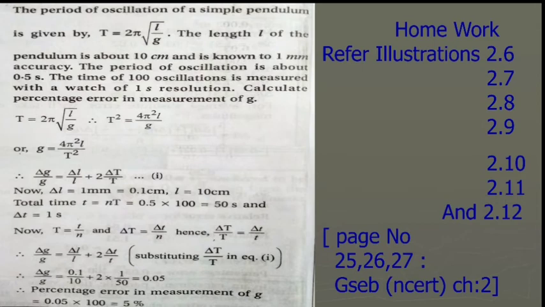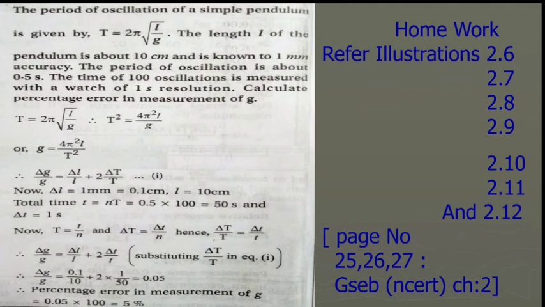Here delta L is equal to 1 millimeter, which is 0.1 centimeter, and small l is equal to 10 centimeter. So total time small t is equal to n times periodic time, is equal to 0.5 into 100, is equal to 50 second, and delta t is equal to 1 second.